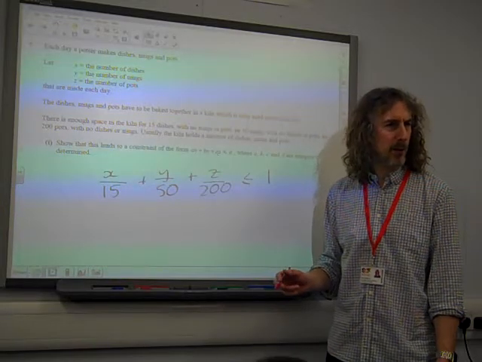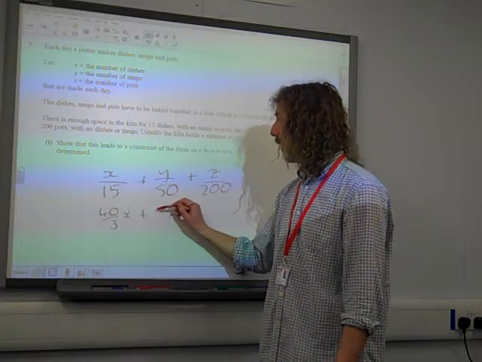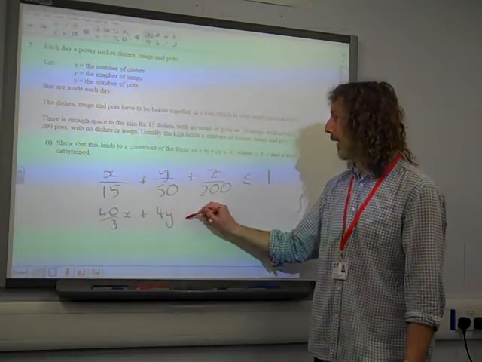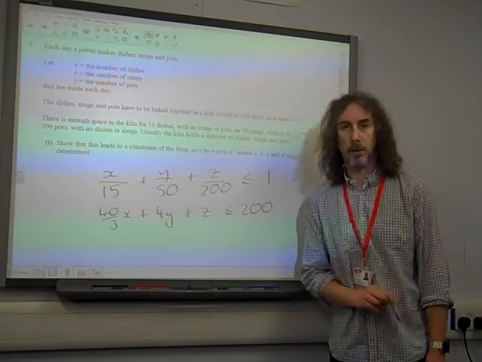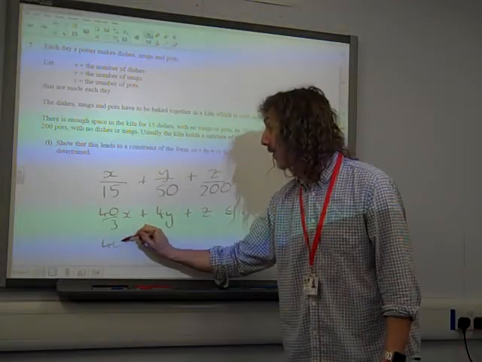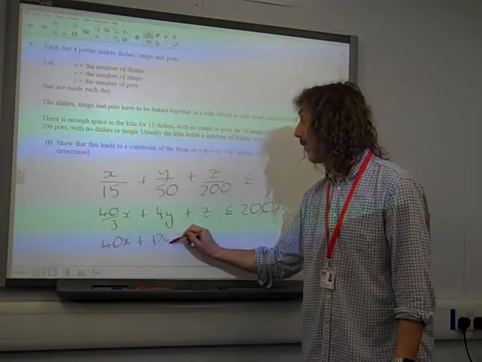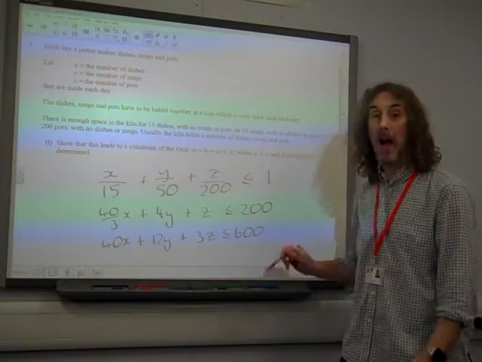Is that 40 over 3? Yeah. That would give us 4y, and that would give us z, is actually 200, having multiplied by 200. Now we need to multiply by 3 to get 40x plus 12y plus 3z equal to 600.